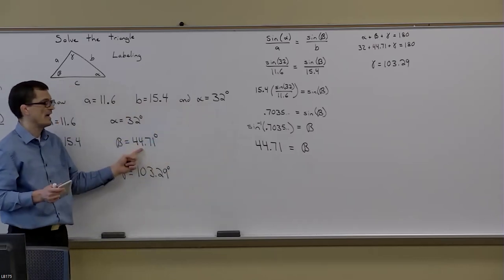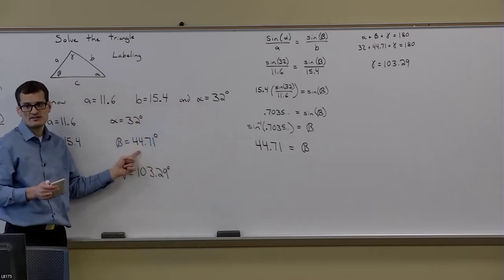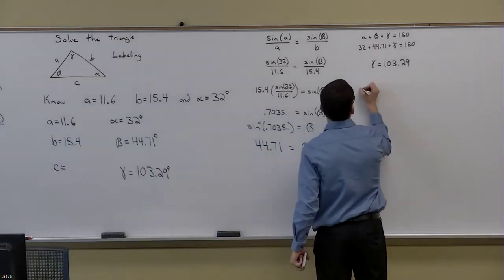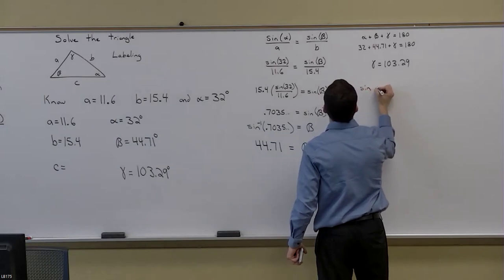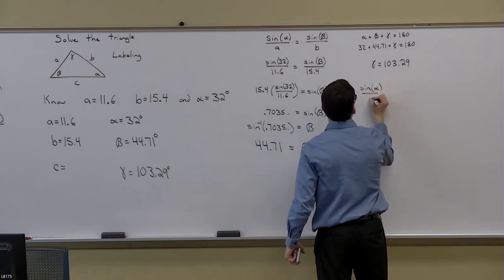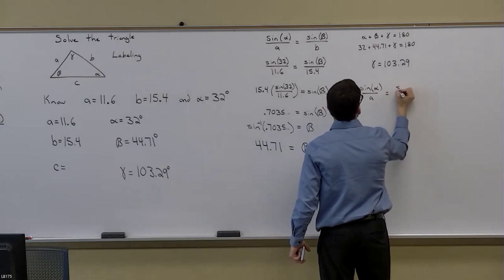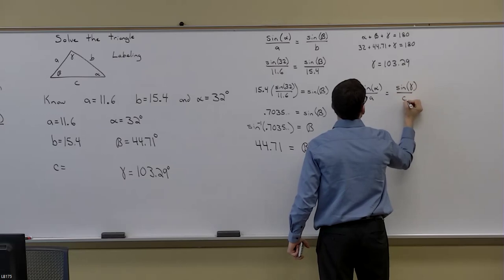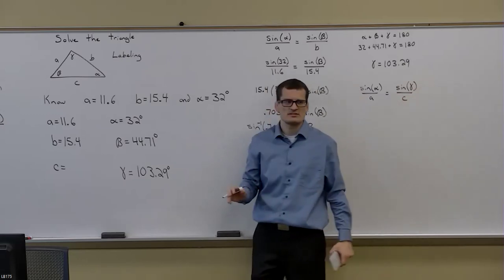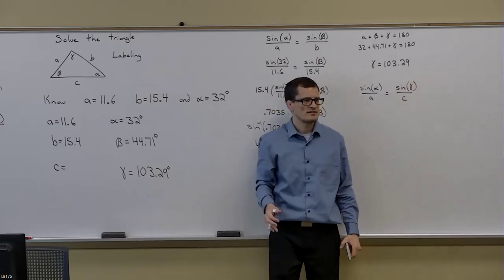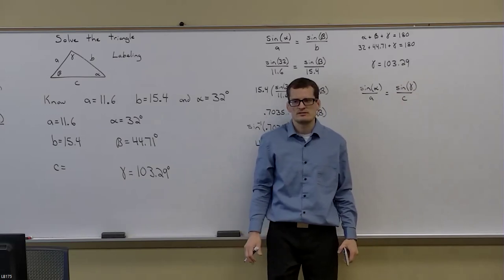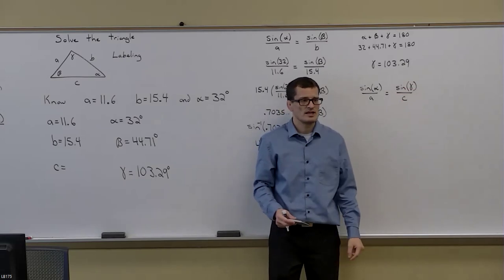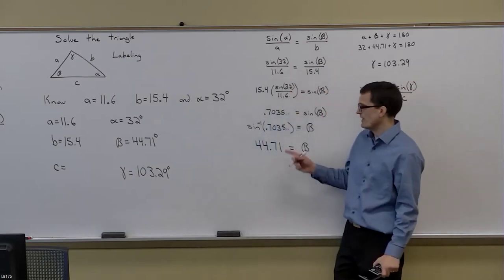And I had to round to get beta. So I'll probably use the following equation. Sine alpha over A is equal to sine gamma over C. That way there's the least amount of rounding that I had to do. Does that make sense? I already rounded in order to find gamma through beta.